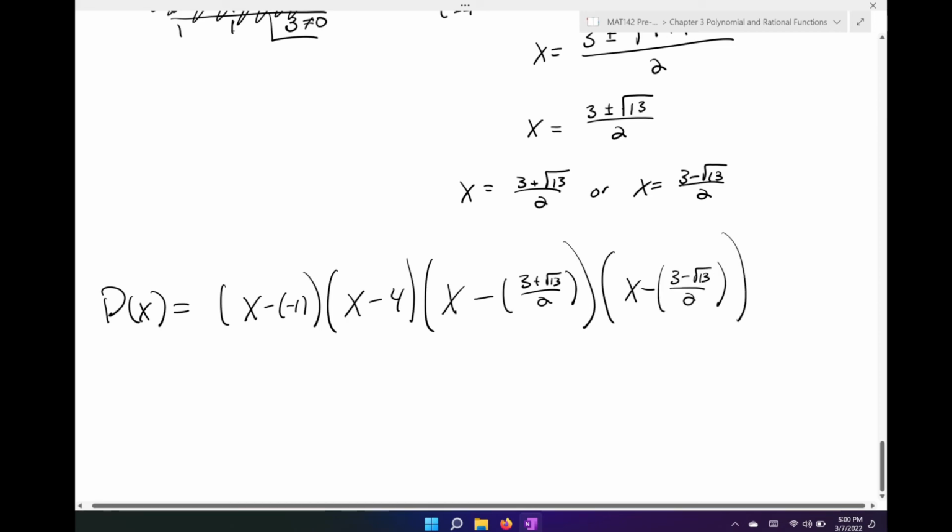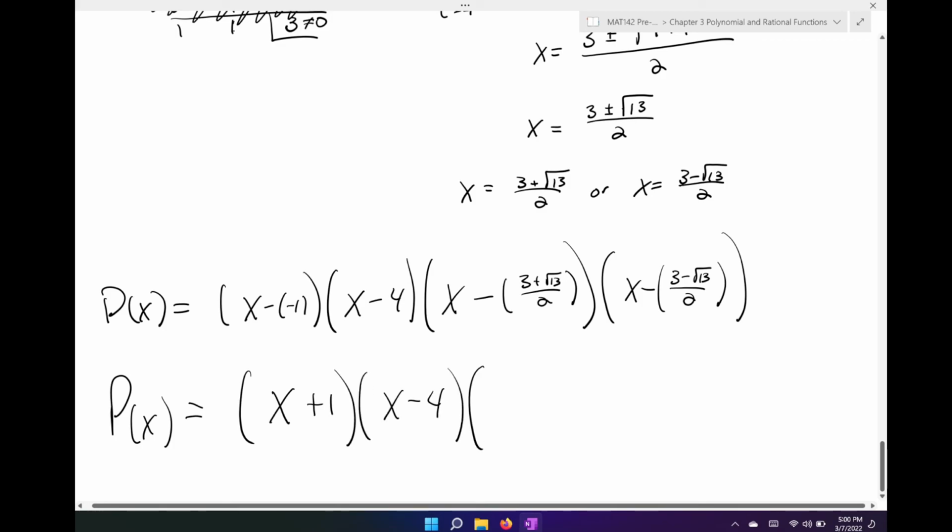So just to clean everything up: x plus 1, x minus 4, x minus 3 over 2 minus the square root of 13 over 2, and x minus 3 over 2 plus the square root of 13 over 2. Whew, they are not pretty at all.